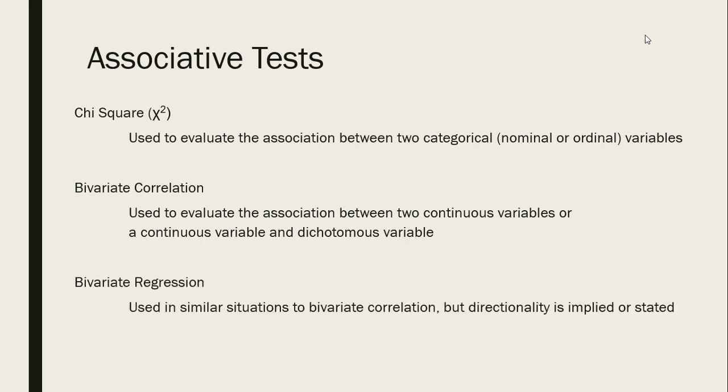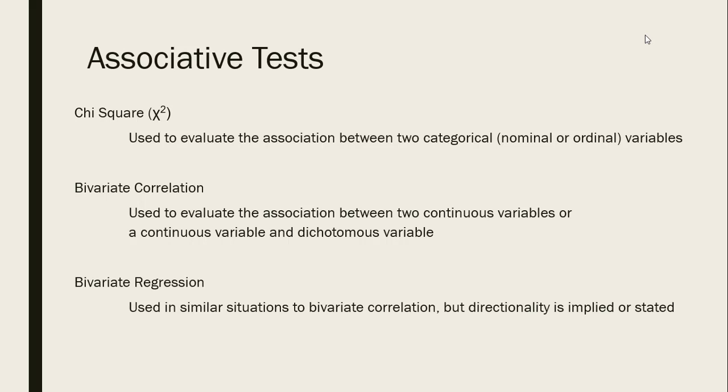With bivariate correlation versus bivariate regression, the major difference is that the regression implies directionality, because with a regression, you are saying that one thing predicts another, or that one thing causes or leads to another thing.